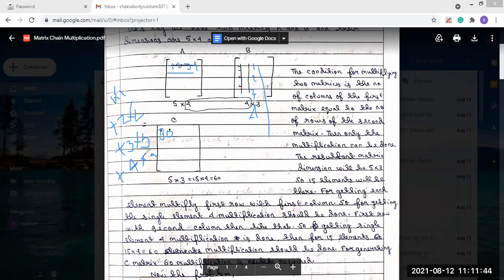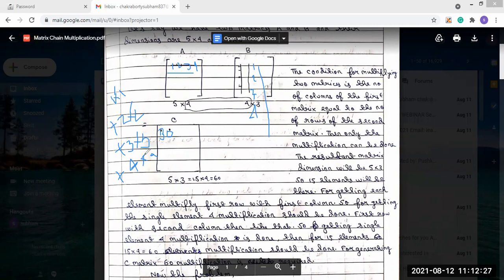For each element we take 4 multiplications, so for finding 15 elements, we need 15 into 4, total 60. So 60 multiplications should be done for generating the resultant matrix.